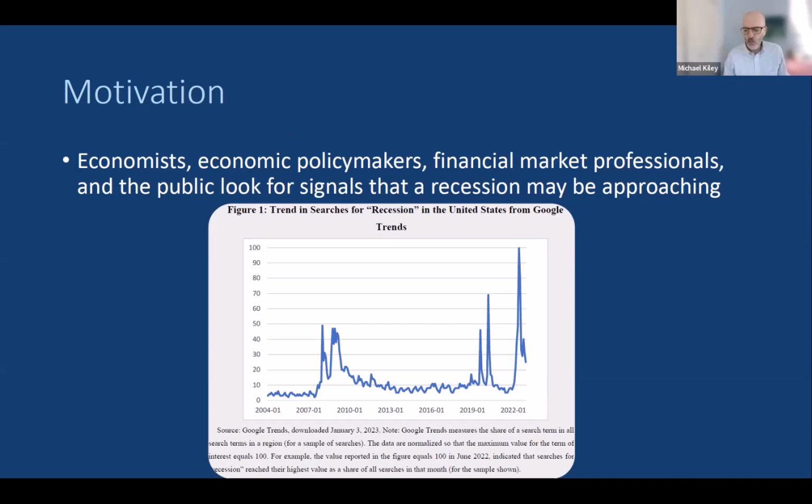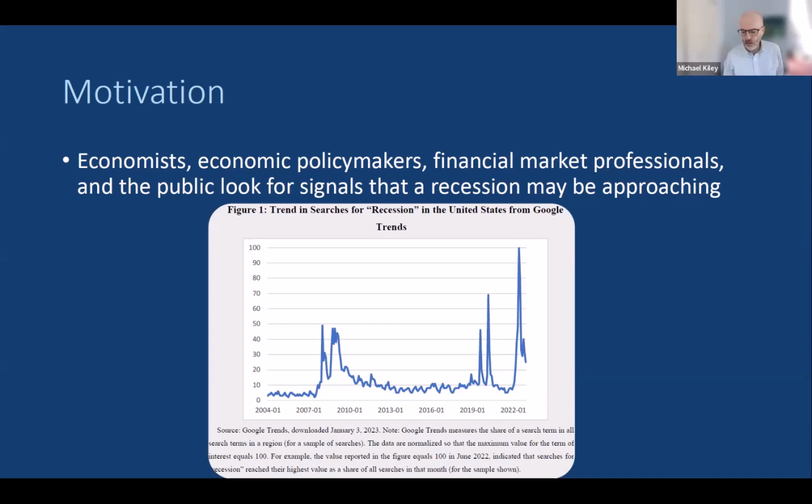So here's just one example of recent interest in this topic. This is in the United States, searches for recession on Google, as measured in Google Trends. And as one can see, in the middle of 2022, interest in recessions reached an all-time high in terms of Google Trends searches.